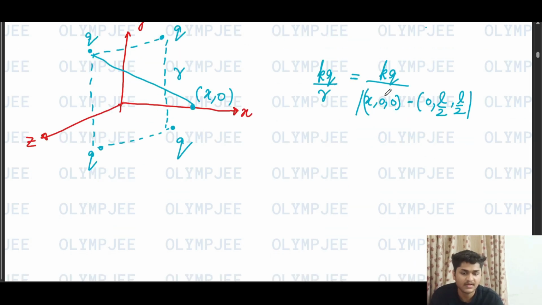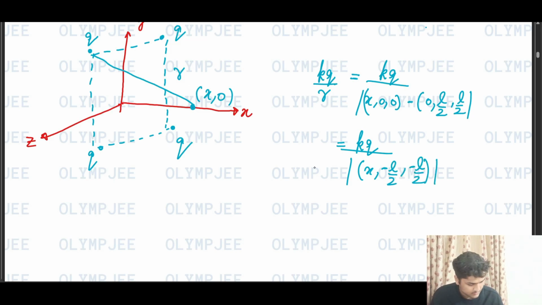So we need to find the modulus of x minus L by 2 and minus L by 2. So this will be equal to x square plus L square by 4 plus L square by 4, so L square by 2.